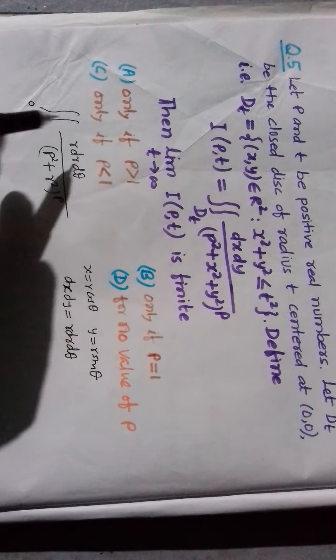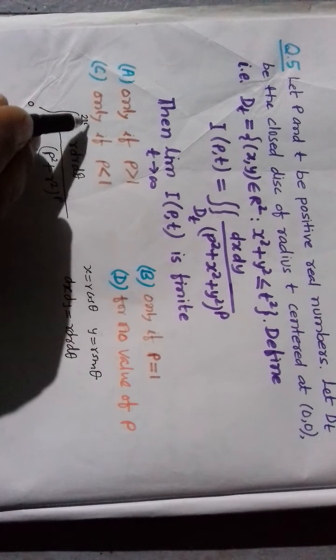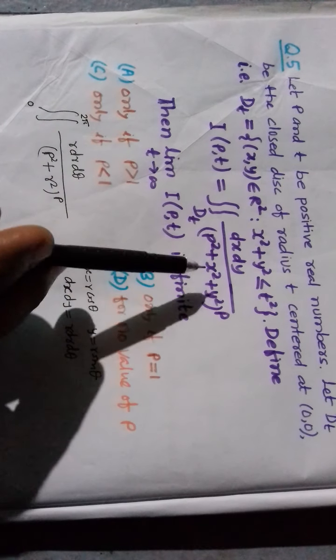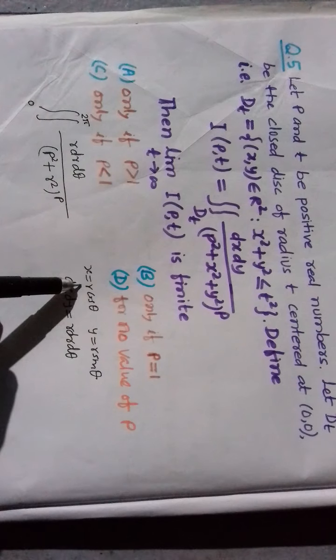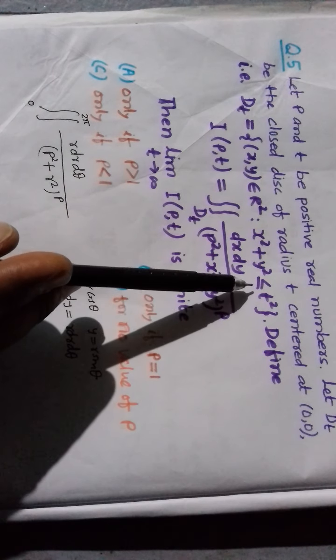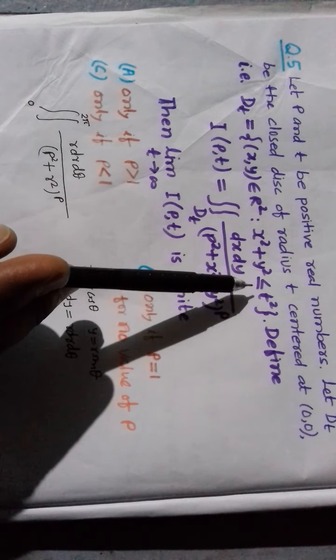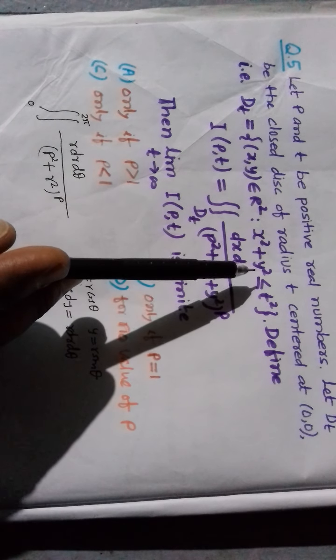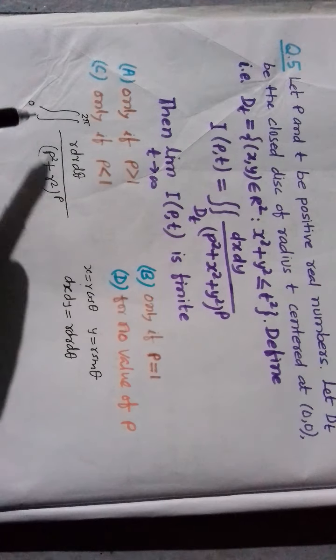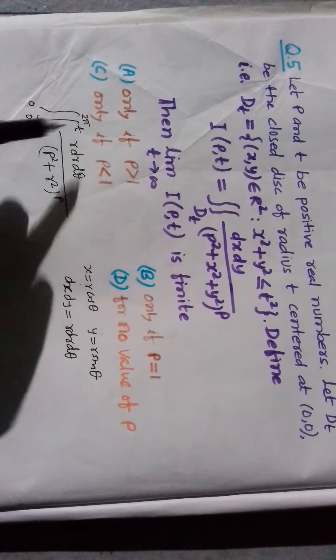So theta goes from 0 to 2 pi, and the radius r is less than or equal to t, which means r is from 0 to t.